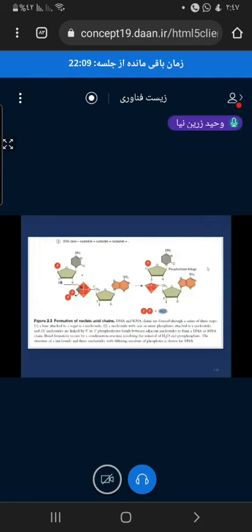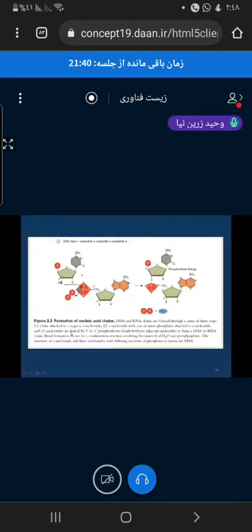In this slide, you can see the formation of a nucleic acid chain. As you see, DNA and RNA chains are formed through a series of steps. A base attached to a sugar is a nucleoside. A nucleoside with one or more phosphates attached is a nucleotide.